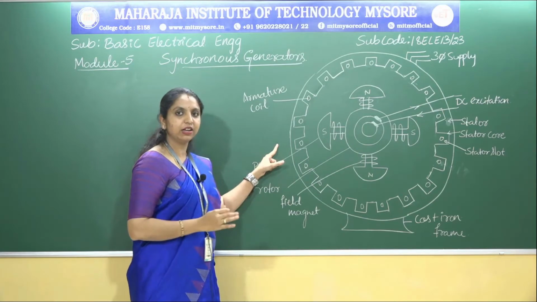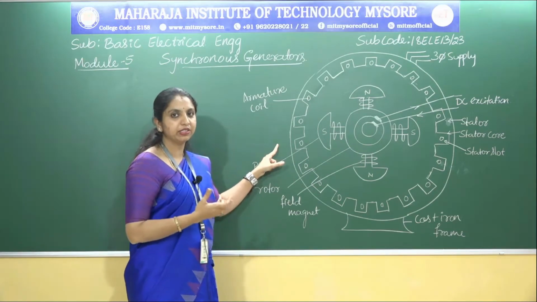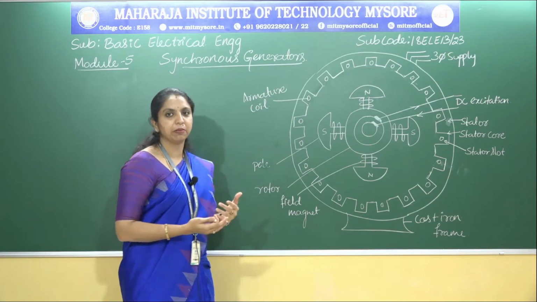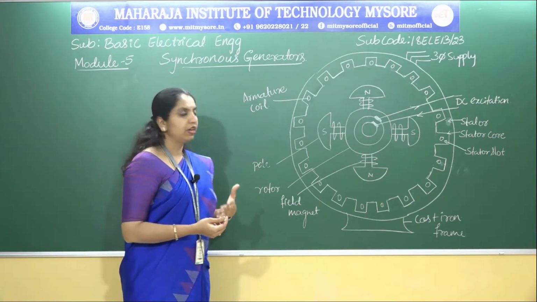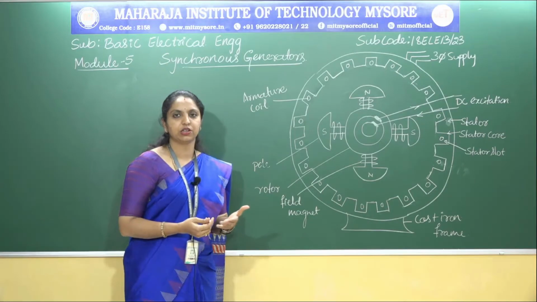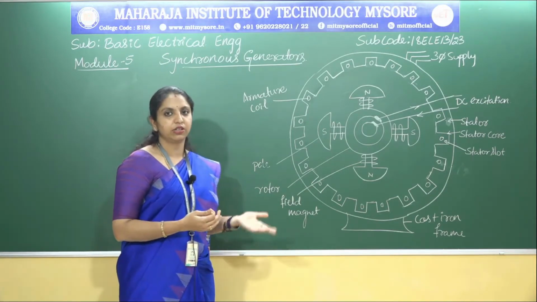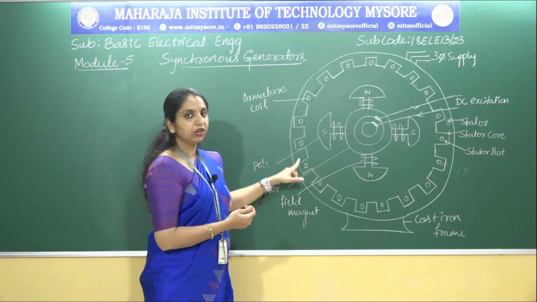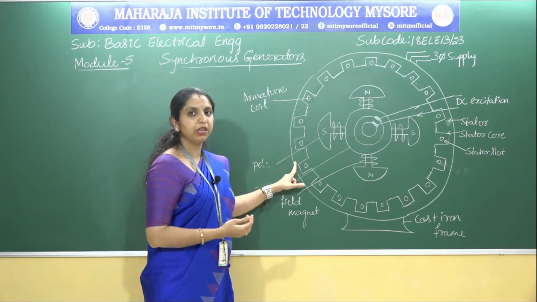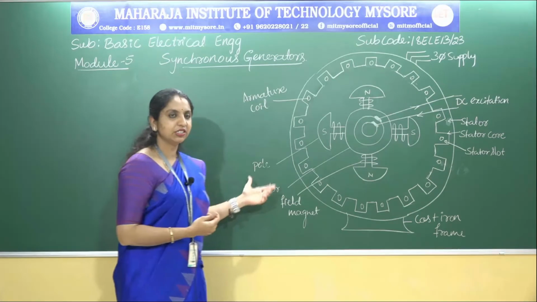The core of the stator is made up of high grade silicon steel with high permeability, which minimizes hysteresis loss. Already I have introduced the concept called hysteresis loss and eddy current loss in the transformer chapter. So it is made up of high grade silicon steel with high permeability, which minimizes hysteresis loss.